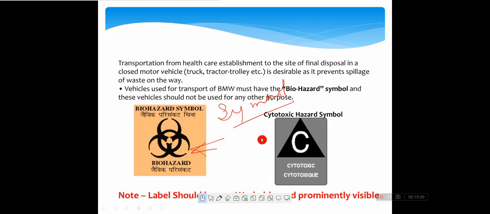And as you can see, this cytotoxic hazard symbol is mostly used for cancer patients and cancer therapies. And the label should be clear, prominently visible and non-washable.